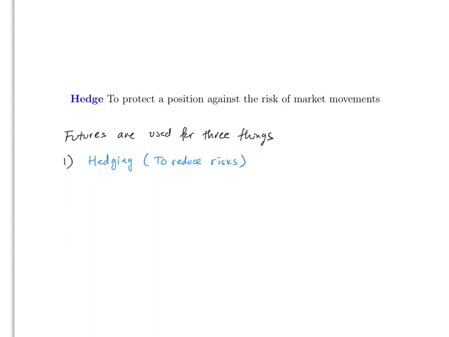Now, since futures are always traded in an organized exchange, like the Chicago Board of Trade, they are highly standardized, which means it has to be very specific, like what kind of good they're trading, what quantity, what price, where will be the delivery day, and stuff like that.